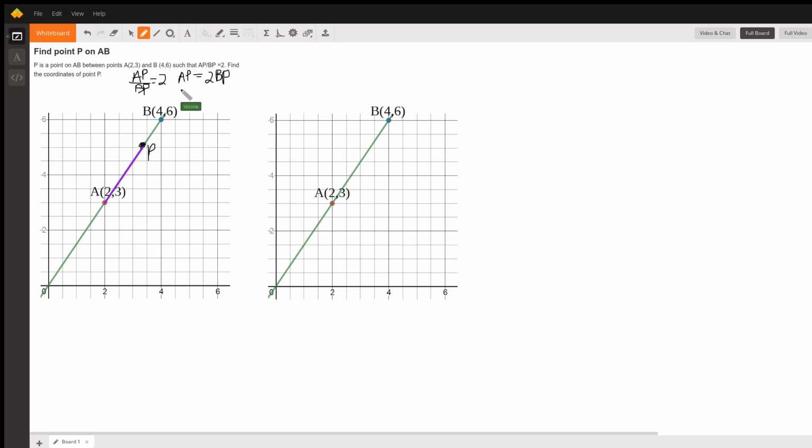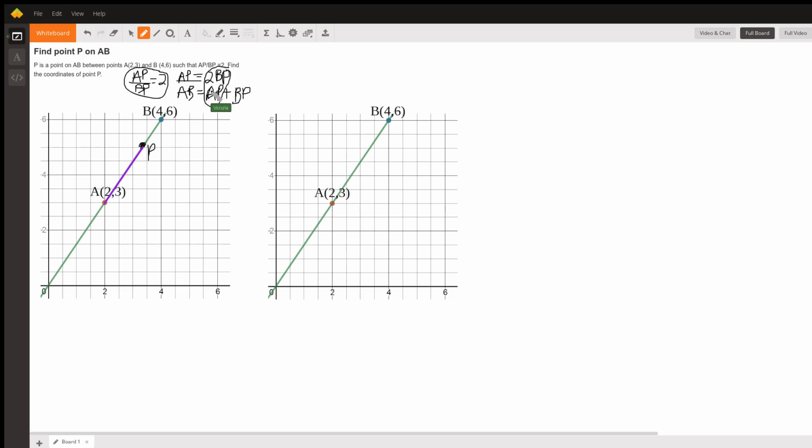Now, there's something else we know about in geometry. It's called segment addition. It says that this whole segment is equal to its two pieces, the purple one, which is AP, plus the green one, which is P to B, but I'm going to call it BP because that's what we call it everywhere else. But I know that AP equals twice BP because they told it to us right here.